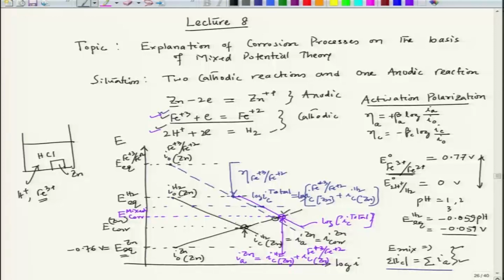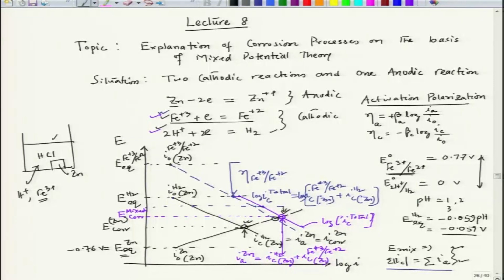Why? When we don't have this Fe plus 3, that means it is pure HCl, my corrosion rate was here. But once we added Fe plus 3 into this solution, my corrosion rate has moved to this position.